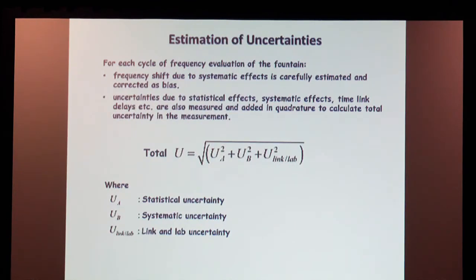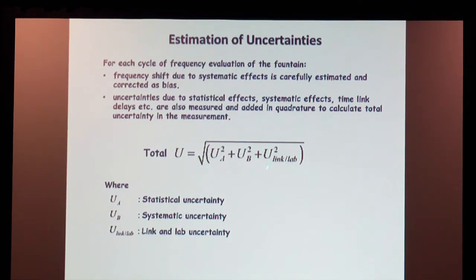I'll quickly go through the estimation of uncertainties. The total uncertainty in the clock that we have just built, that is a cesium fountain, comprises three parts. One is the statistical uncertainty because of a finite signal to noise and so on. This is the random jitter. Then there are systematic uncertainties.